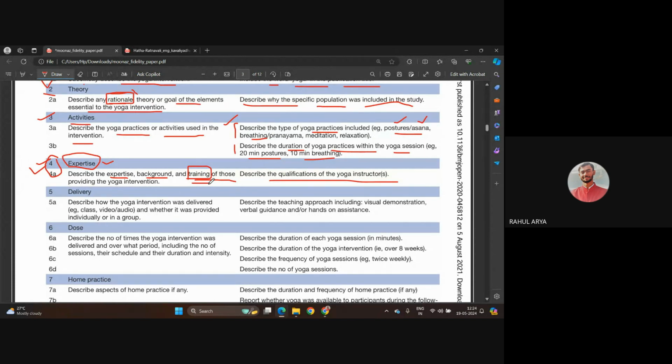For example, Hemanji developed a module and started his intervention. For example, that module is related to obesity, intense exercise. Ten rounds of Surya Namaskar, intense practice, continuing for 1 hour, full sweating.